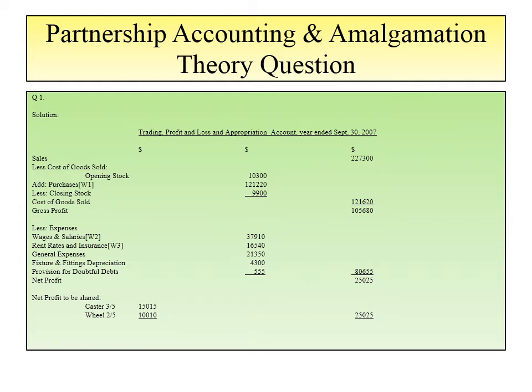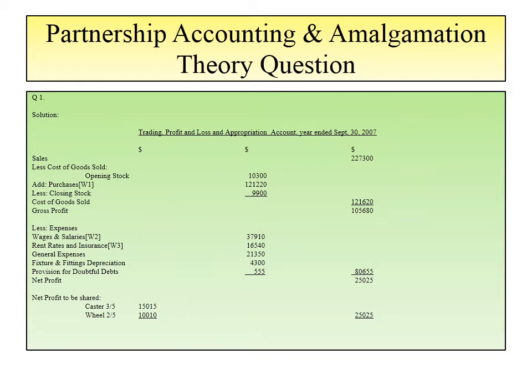From gross profit we deduct the expenses, and first of all we have to calculate how much expenses were incurred. Wages and salaries 37,910. Remember that we have to add some accrued expenses over there of wages and salaries that is worked out in the last slide, W2.